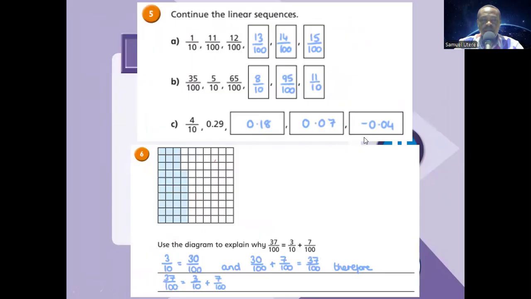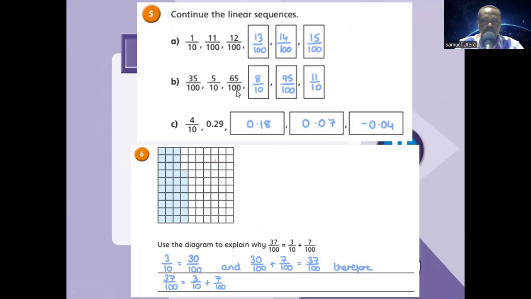Here you were asked to continue the linear sequence. Now remember, you have to express them as hundredths to make it easy to spot the pattern. So here that will be 10 hundredths, 11 hundredths. So you can see that it's increasing by 1 every time. Here that will be 50 hundredths. That's 65 hundredths.